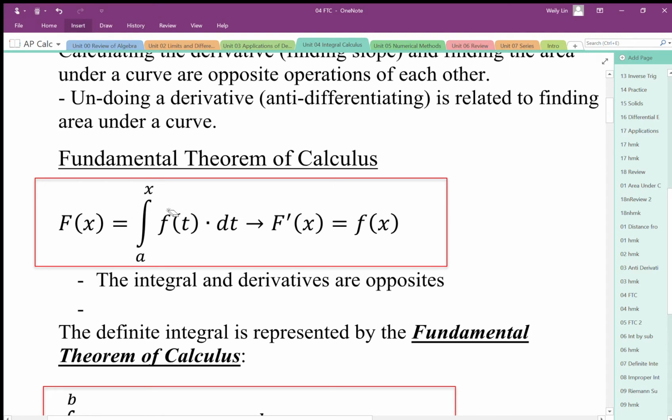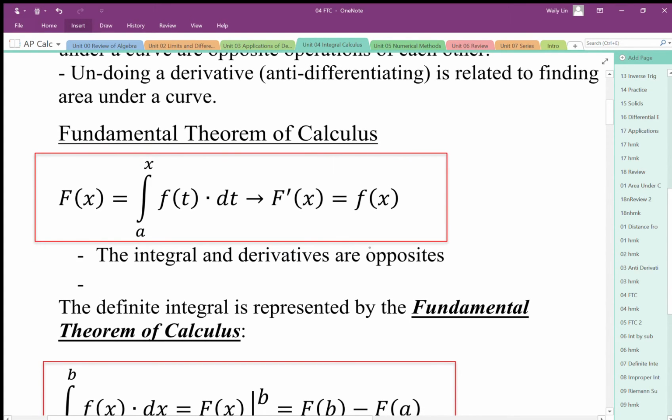And the opposite is true as well. If I integrate a derivative, I can get back to the original function. This is the fundamental theorem of calculus here. If we differentiate the integral, we end up back where we started. So basically the integral and derivatives are opposites.